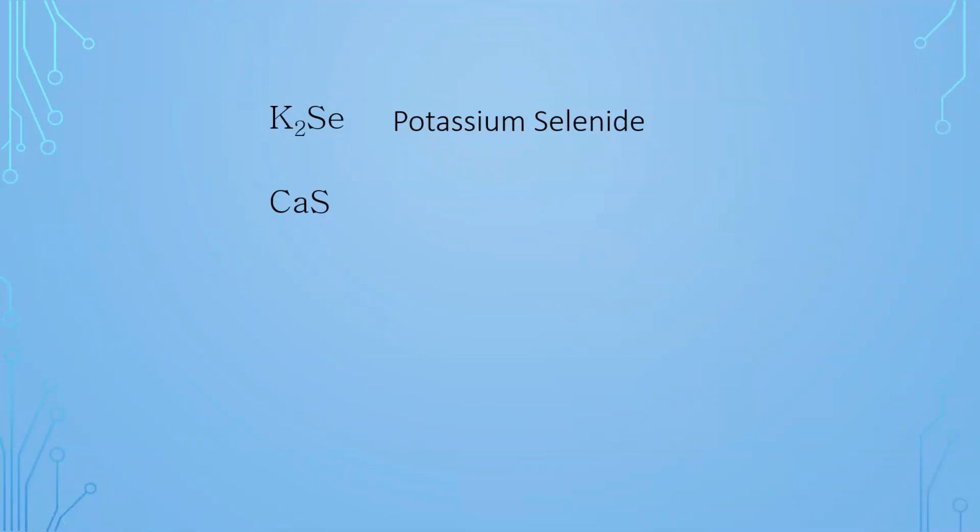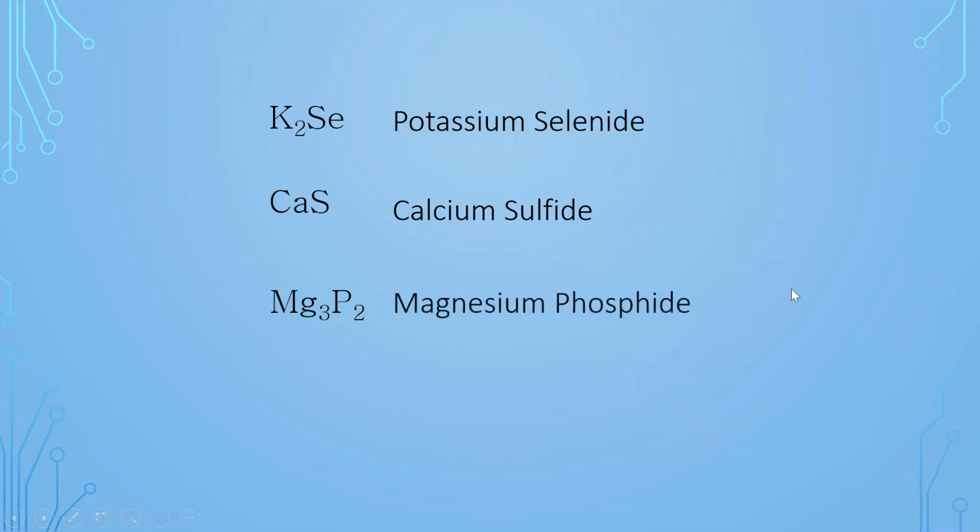Ca, calcium. S, sulfur. It becomes calcium sulfide. Okay, this one, I'm ignoring the subscripts. I've got Mg and P. Try that one. So Mg, magnesium. P, phosphorus. It becomes magnesium phosphide.